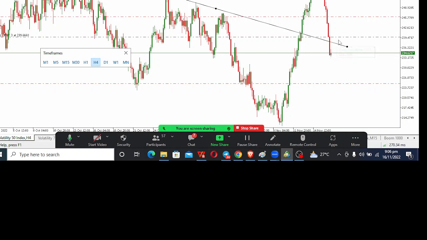So let's assume I entered a trade here. This is the entry, and this is the current market. So if I want to lock my profit, I would just come down between my entry and where the current market is. That's where you can actually lock your profit. So somebody will say, okay, I want to set the SL to break even. With a break even, it means that you are going to look out for the price at which you entered your trade, and the price is here, 239.6660.